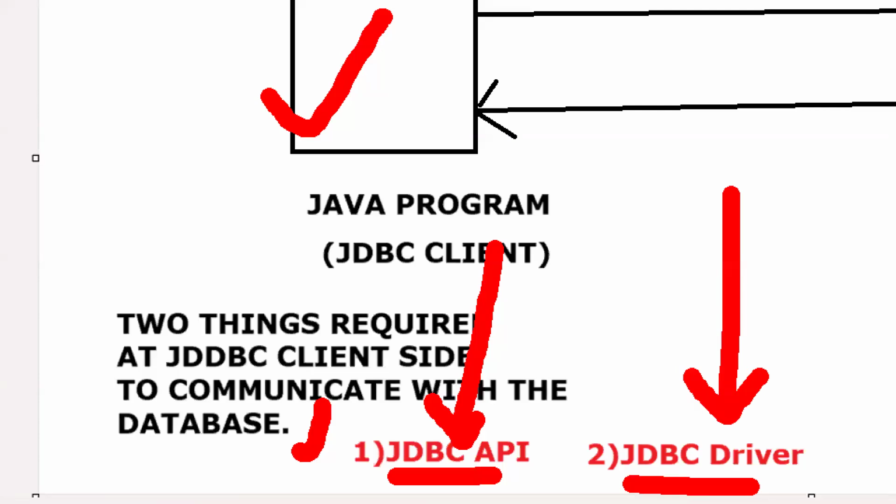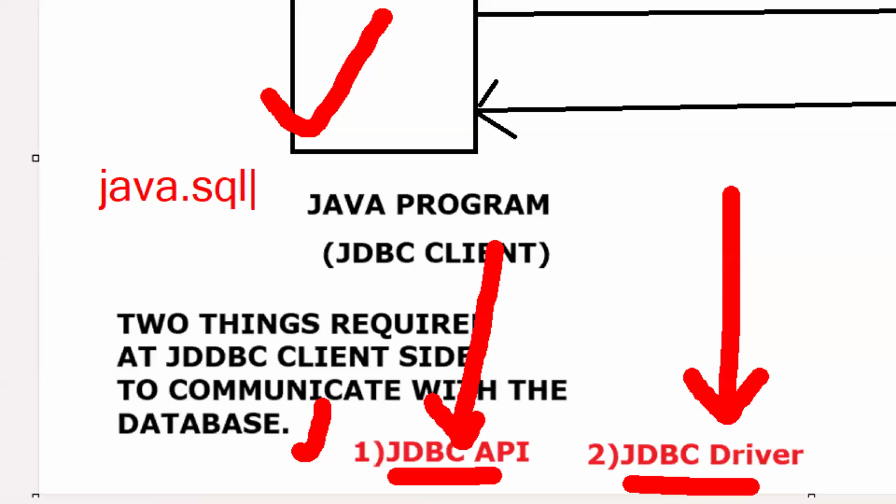Okay. What is JDBC API? Simple library methods. Predefined methods. JDBC technology creators have given a set of library methods. All of them belong to which package, I told you yesterday? Java.sql package.